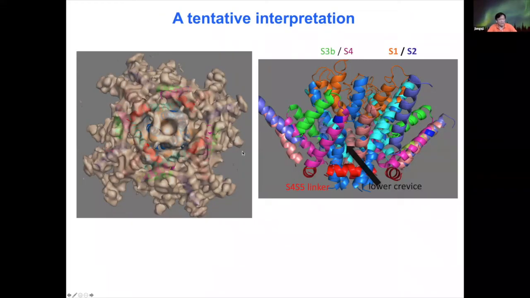But with the structural information we know about this channel, we were able to build a tentative model. This is the voltage sensor part, S4 and S3. As we can see from this tentative model, S4 is moved vertically about 10 to 15 angstroms, such that it switches from facing outside to facing the intracellular side.